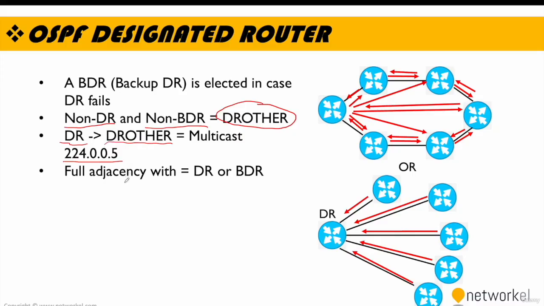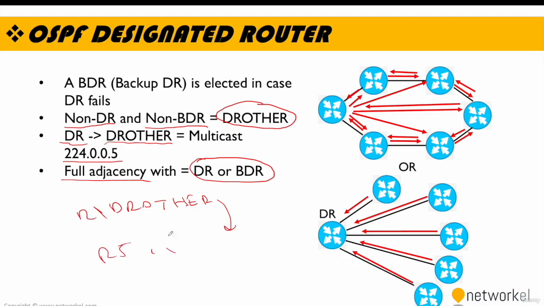Please pay attention that a router will establish a full neighborship only with the DR and the BDR. For example, if a neighborship happens between a DROther router 1 and another DROther router 5, this neighborship will not be in the full state. It will be in the two-way state.